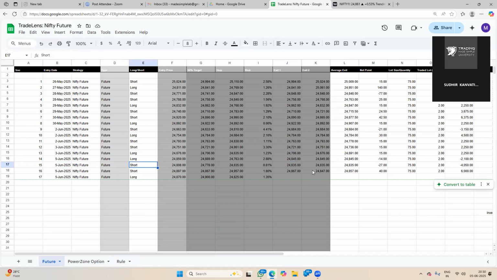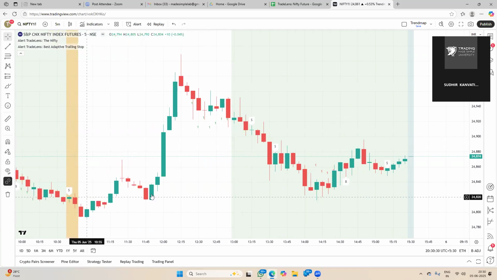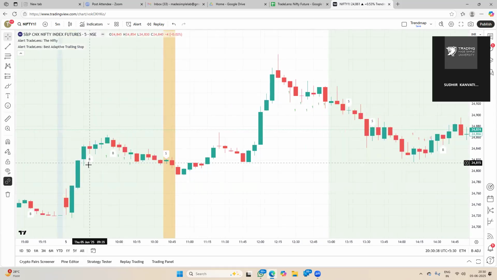This trade, the short trade got triggered, right? And we lost 27 points. Good. Now the next trade, which appears here, you can see we exited the trade, and here yet another. Now we are in a break zone. So what happened today?